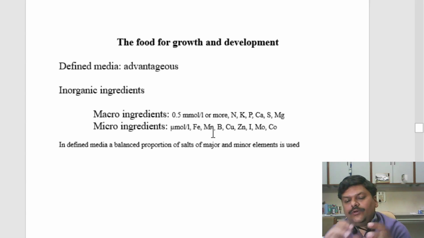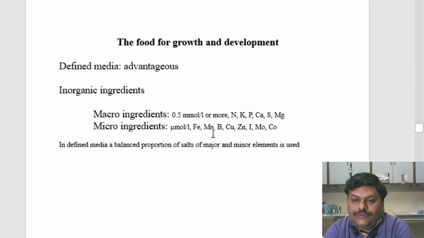So inorganic salts are again divided into two major categories: macroelements and microelements. Macroelements are those which are required in millimolar concentrations. These are called macroelements because they are required in higher amounts. Microelements are those which are required in much lower concentrations, like micromolar concentration, 10 to the power minus 6. Millimolar is 10 to the power minus 3 concentration.